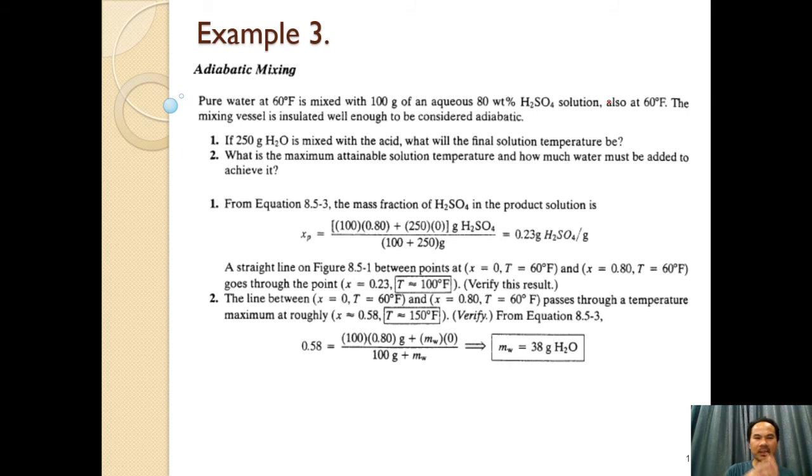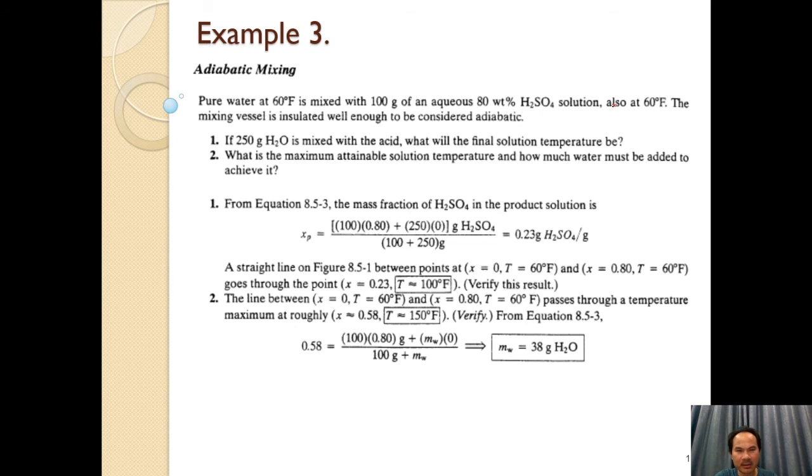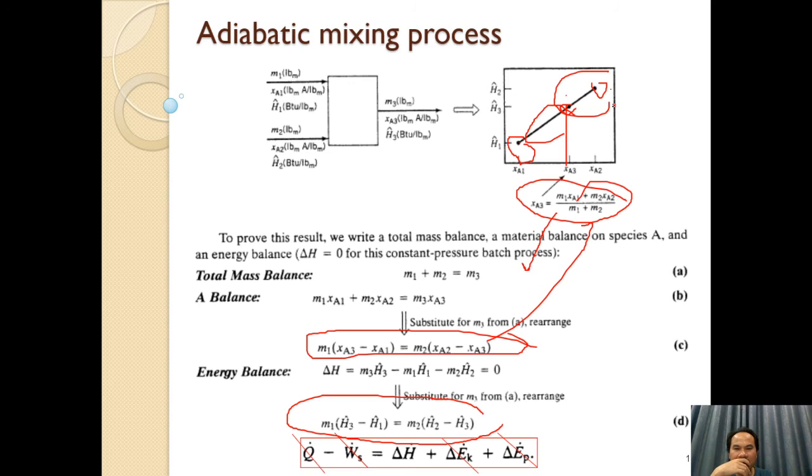Okay, from the first one, you can calculate XP, the product mass fraction of sulfuric acid in the product solution. That's why you can use this: M1 XA1 plus M2 XA2, divided by M1 plus M2.